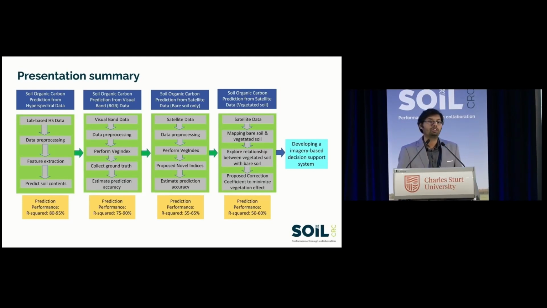If you use broad-scale images from satellites, you can still predict bare soil at maybe 50 to 65%. And if you use a mixed vegetation landscape to predict soil organic carbon, you can still get 50 to 60% accuracy. My project focuses on developing an imagery-based decision support system to estimate soil organic carbon.